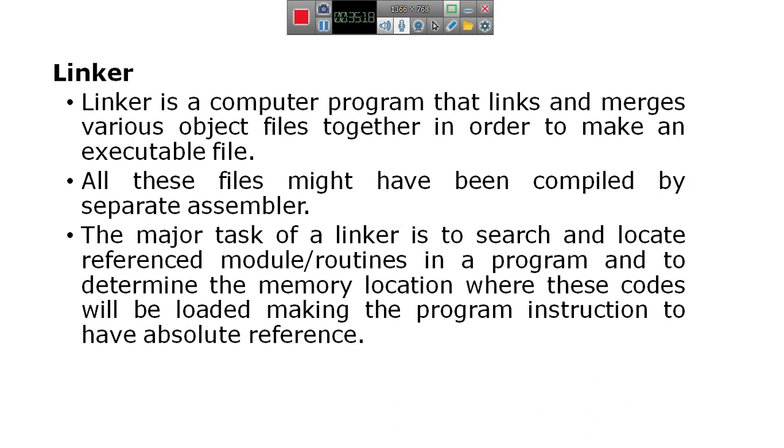So the linker is a program, or a software, that creates a link between the functions available in the library of that particular language and the object code. This process is done at the time of compiling the program.